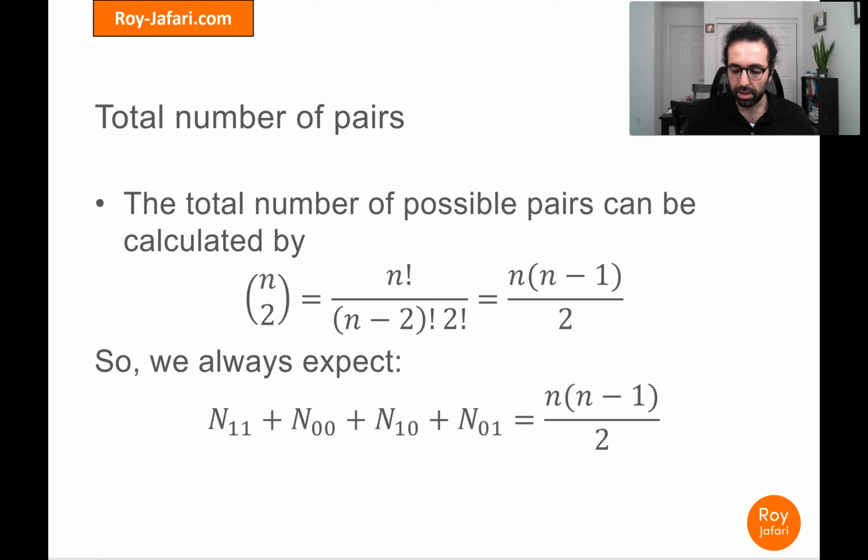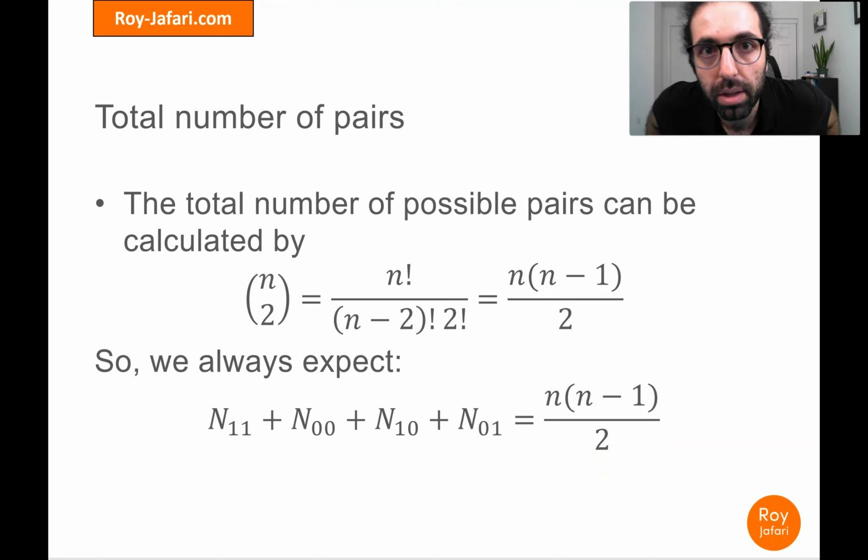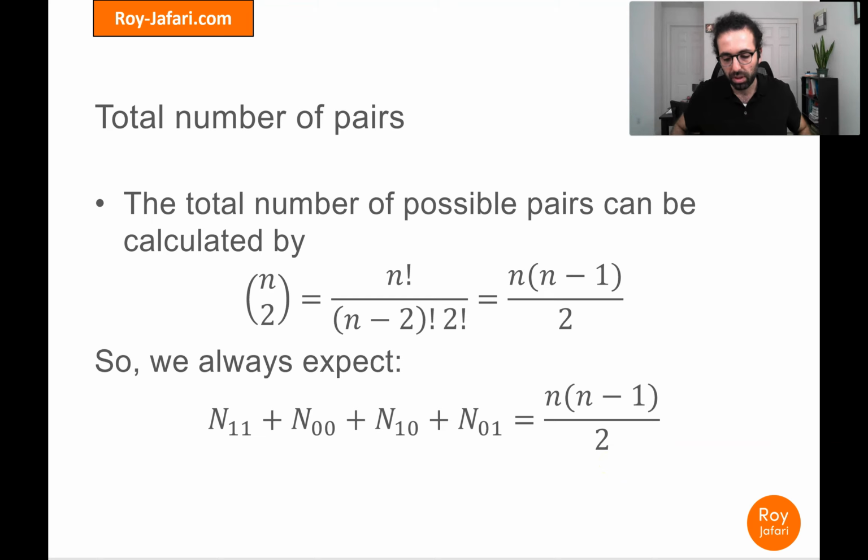Basically, you're going to expect n multiplied by n minus 1 divided by 2 pairs in your data set. And because of that, you expect the summation of these 4 numbers, N11, N00, N10, and N01, to always be equal to this value.